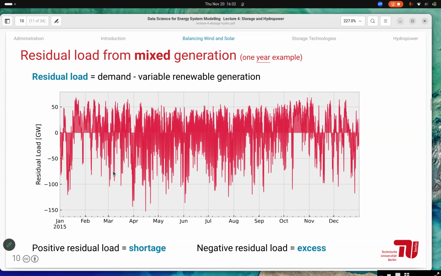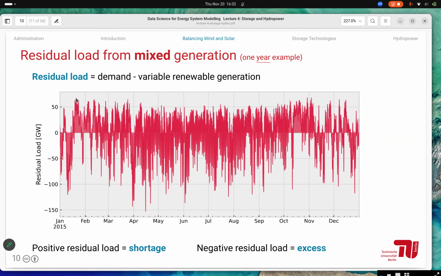Our goal here is to understand how much storage we need in terms of these three parameters that we just thought about. And neglecting losses, two of them I can already see from this graph. I can look at the peak, the highest residual load, and the lowest residual load.